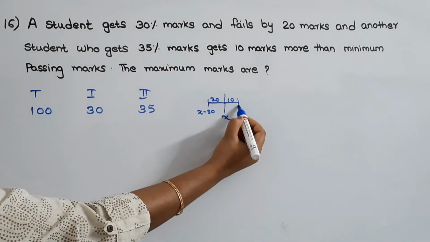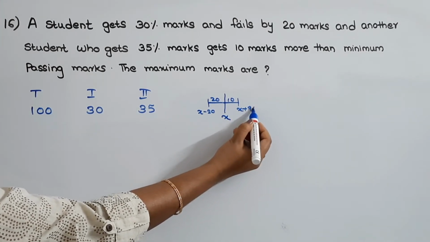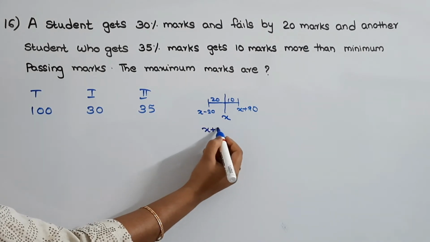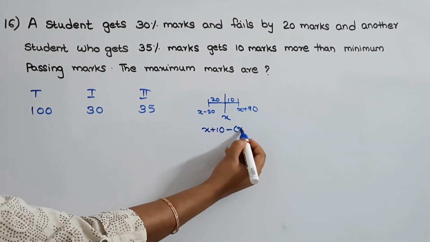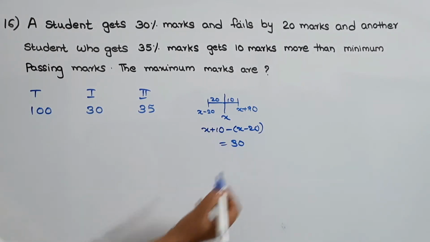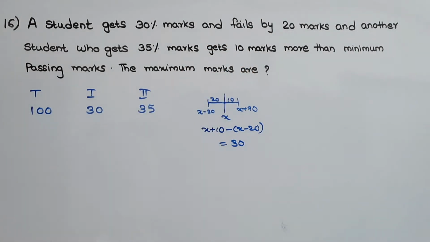So the marks secured by the second student will be x plus 10. So the difference between their marks will be x plus 10 minus x minus 20. So this is equal to 30. So the difference between the marks of the first and second student is 20 plus 10, that is 30.